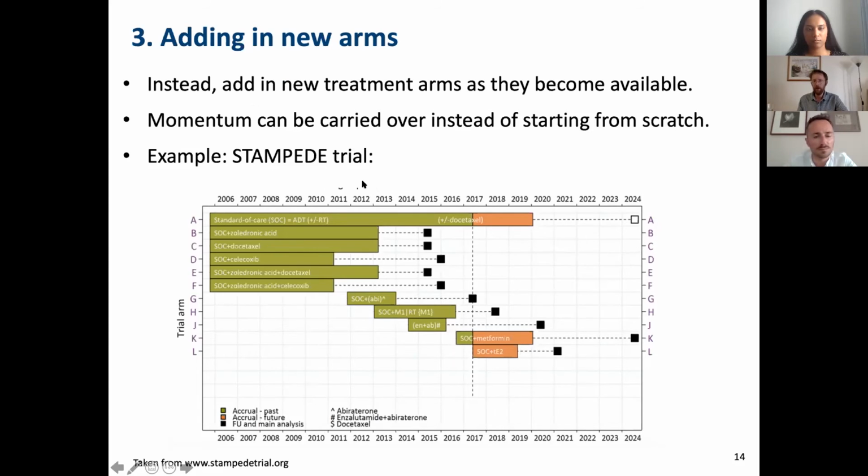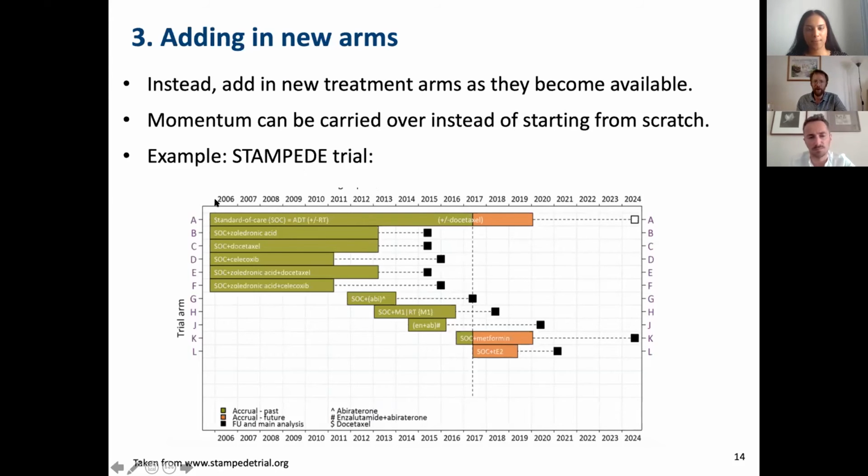I think a really nice example of this is the STAMPEDE trial, which is, I think, probably the first example of a platform study that I'm aware of. So not only does this use adding in new arms, but it also has the multiple experimental arms and the adaptive design as well. And you can see it's been going for a long time.